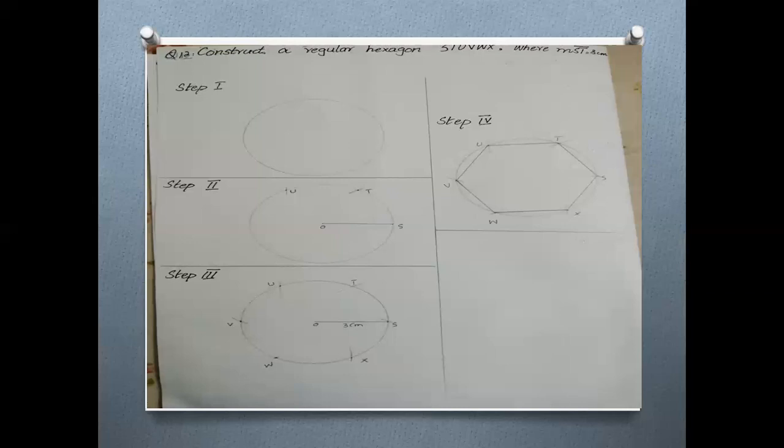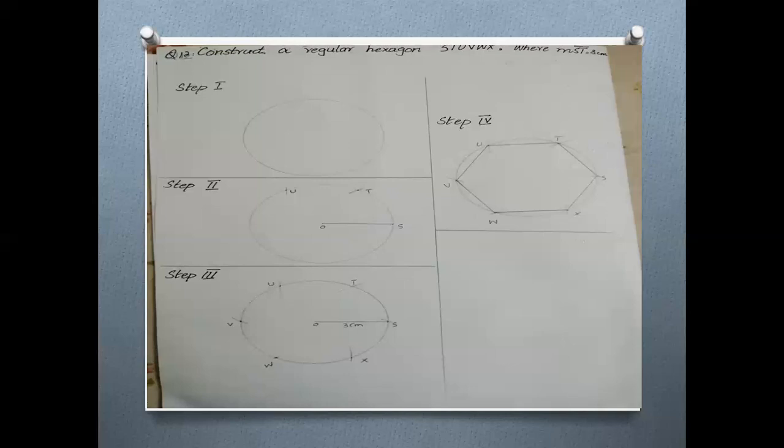The same procedure, now you put your compass on point U, draw the next arc, it will be V, then with the same radius on point V, the next arc will be W, then put your compass again on W, the new point will be X. And again put your compass on X, the new arc will be on point S, which was our starting point.